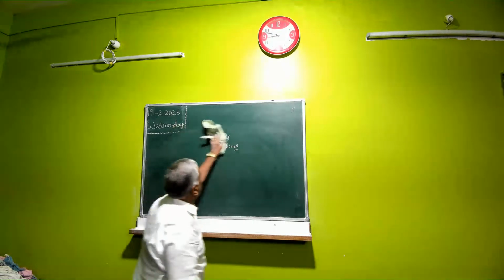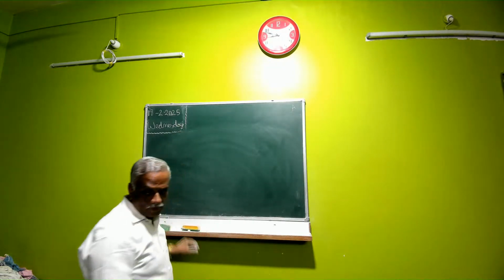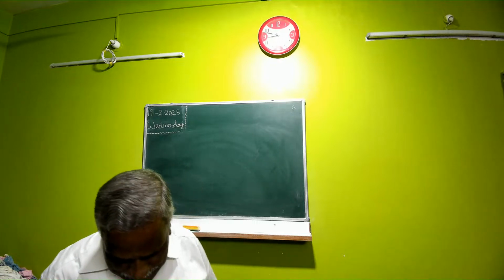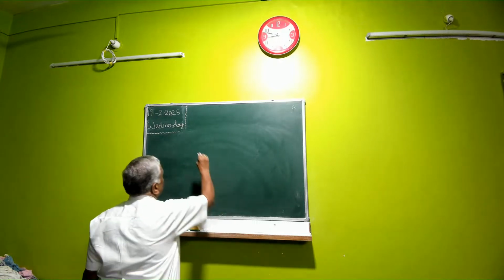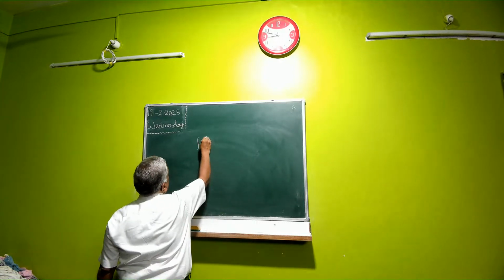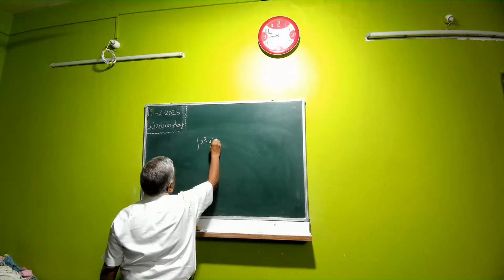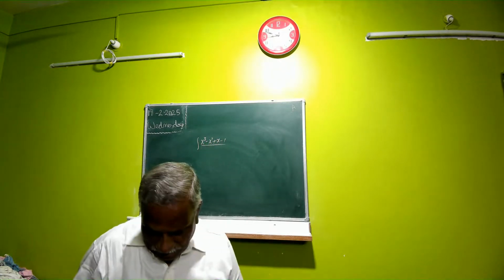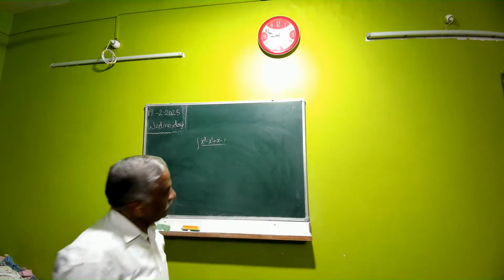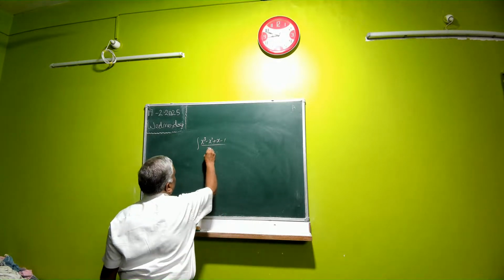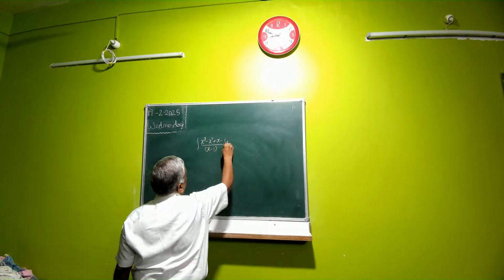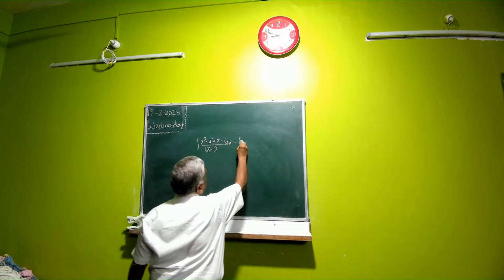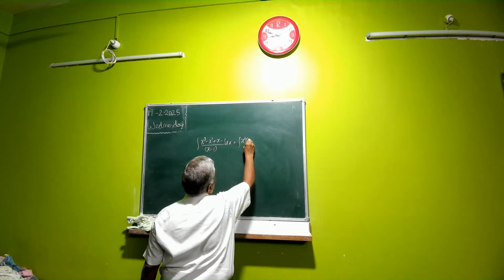Next, model paper 2. (x cube minus x square plus x minus 1) divided by x minus 1. It's a very tricky problem. You just take x square common here, you get x minus 1.